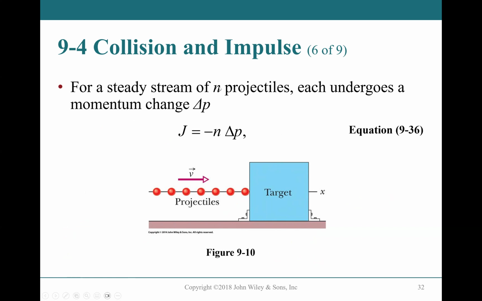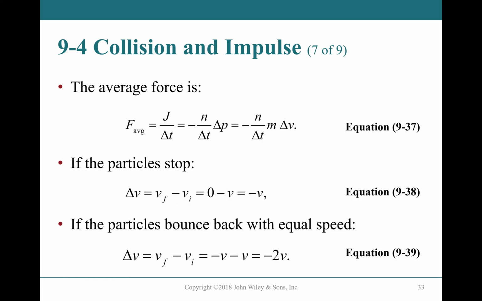And for a steady stream of n particles, each undergoes a momentum change delta p. So here we have a series of particles, then the impulse will be equal to negative n delta p. Usually we are not going to have this. Okay, we can take a look at the physics behind it.